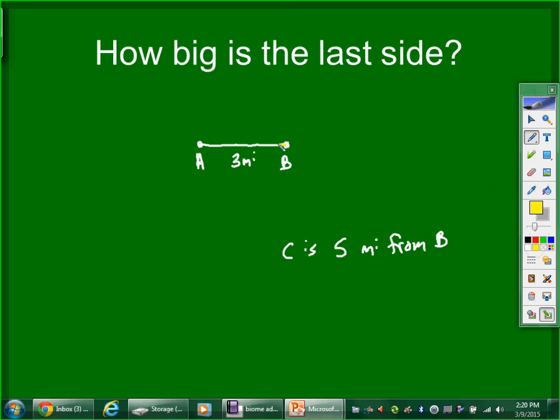If this 5-mile side goes out in the same direction as A, that would be 2 miles. However, if that goes in this opposite direction, and C is over here, A to C is now 8 miles.